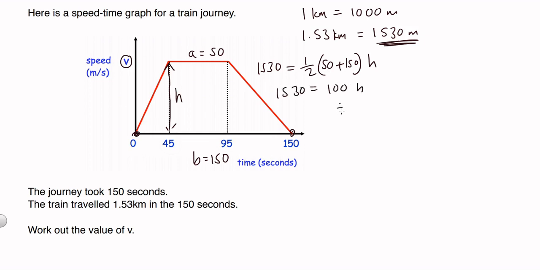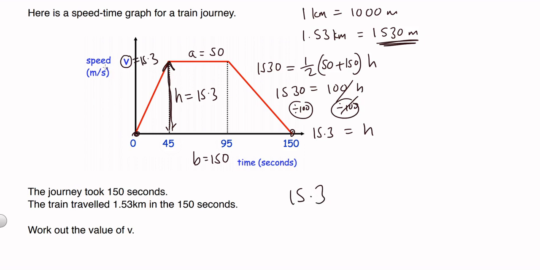Then just divide by 100 on both sides. I'll get 15.3 on the left, and the hundreds cancel. That's h. So the value of h I've just worked out is 15.3. 15.3 is your answer. 15.3 meters per second.